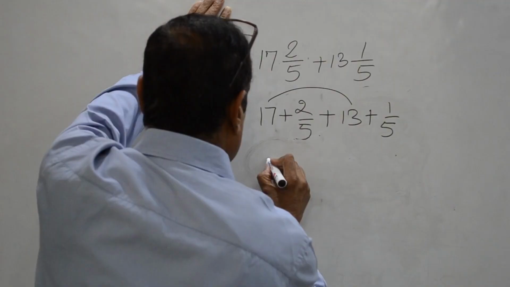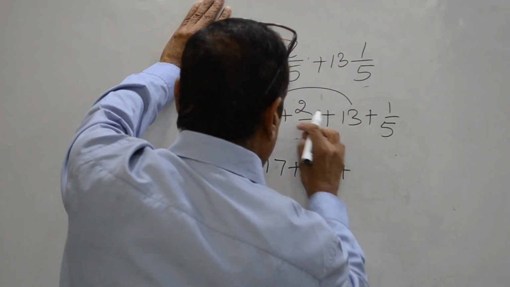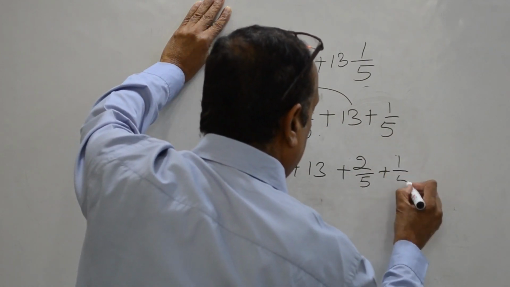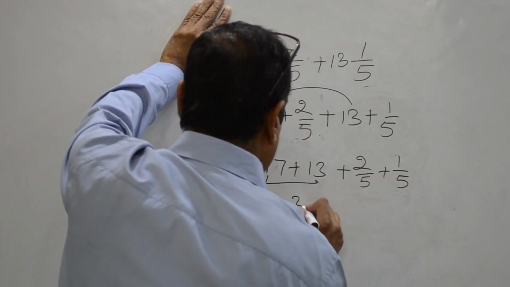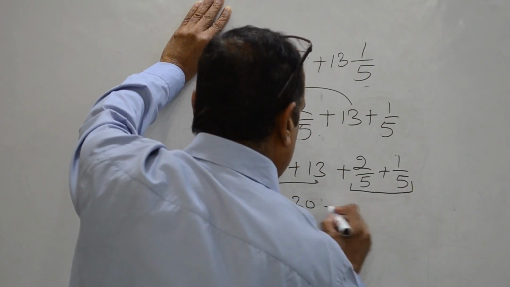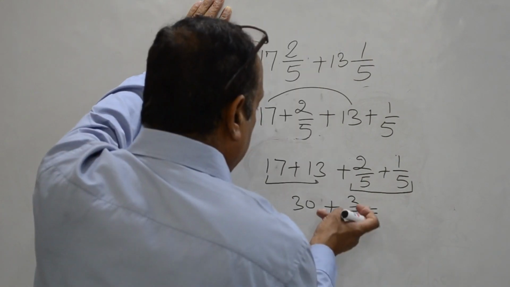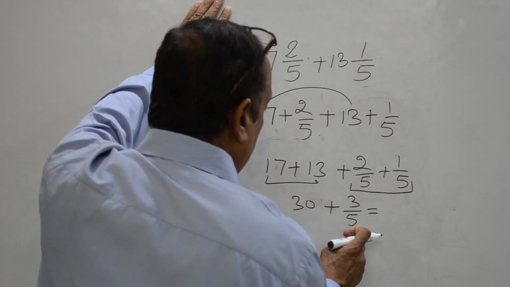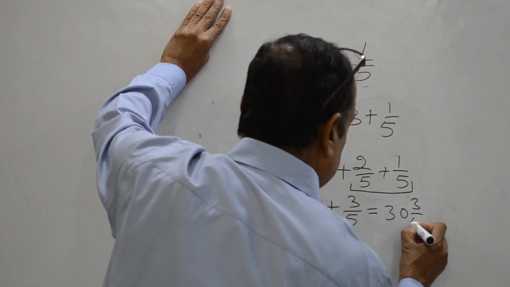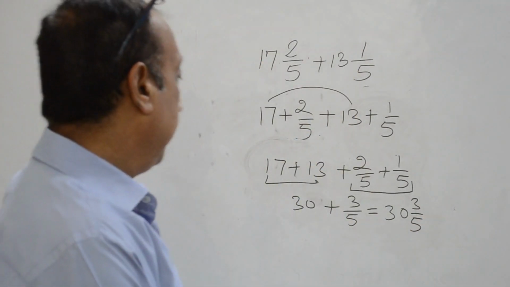So it becomes 17 plus 13 plus 2 upon 5 plus 1 upon 5. So 30. And when we add these two fractions, we are going to get 3 upon 5. And when we convert this part into mixed numbers, it becomes 33 upon 5. So these problems can be solved like this.